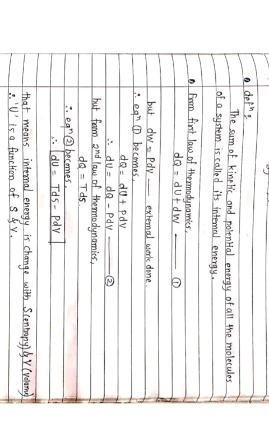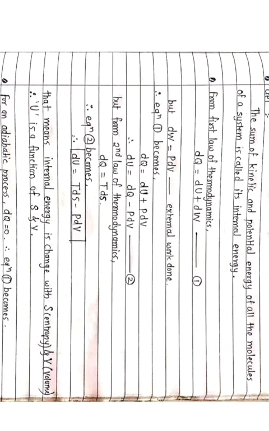But from second law of thermodynamics, which we studied in last semester, dq is equal to tds. Therefore equation 2 becomes du is equal to tds minus pdv. That means the change in internal energy depends upon ds, the change in entropy, and dv, the change in volume.